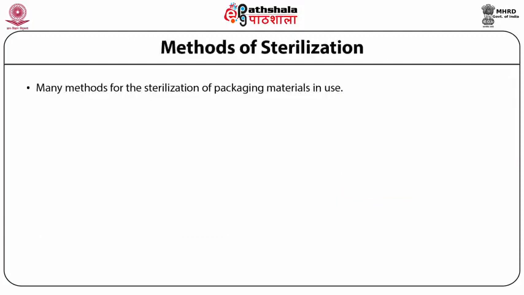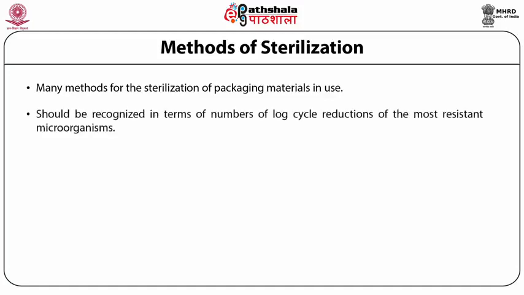Many methods for the sterilization of packaging material are currently used in aseptic packaging systems. The sterilization process employed should be recognized in terms of numbers of log cycle reductions of the most resistant microorganisms.